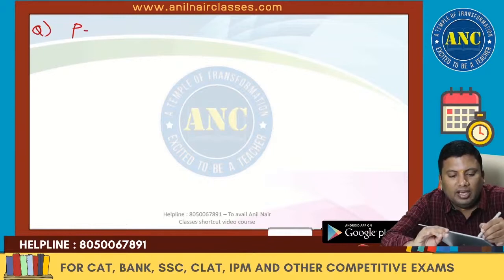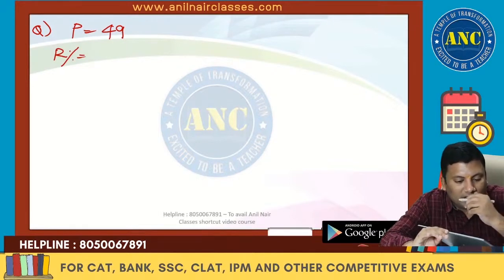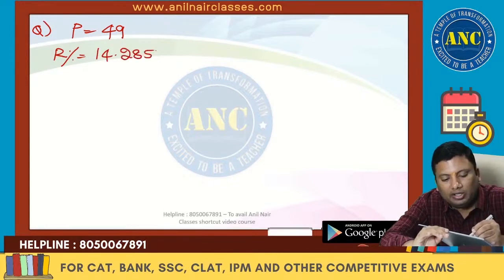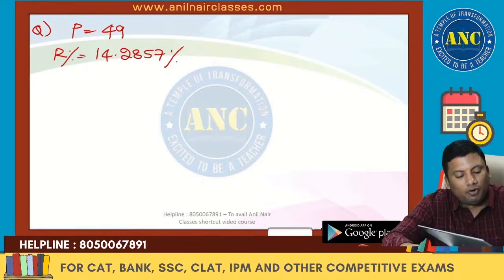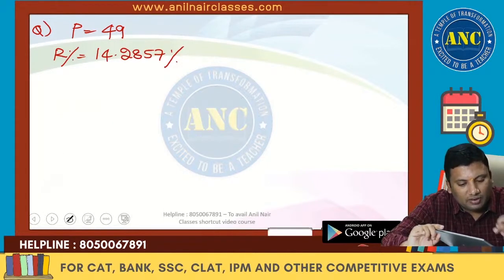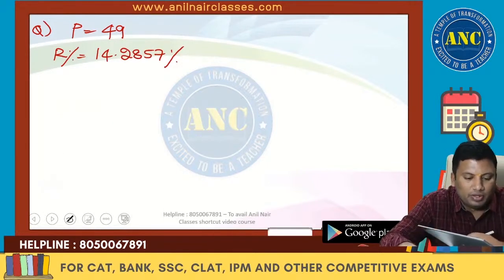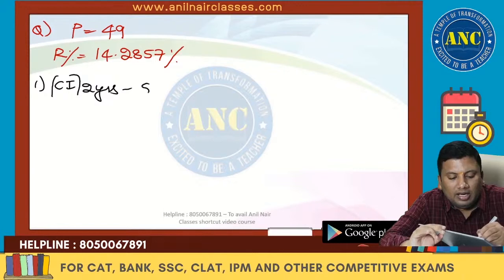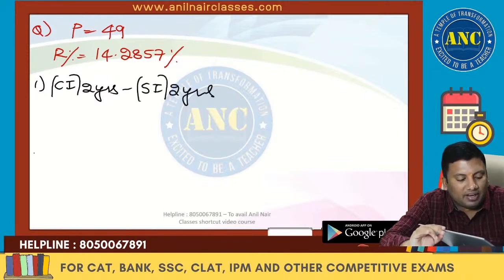Suppose P is nothing but 14.9, R percentage is nothing but 14.2857. Now see here, sir. First question: CI for 2 years minus SI for 2 years.